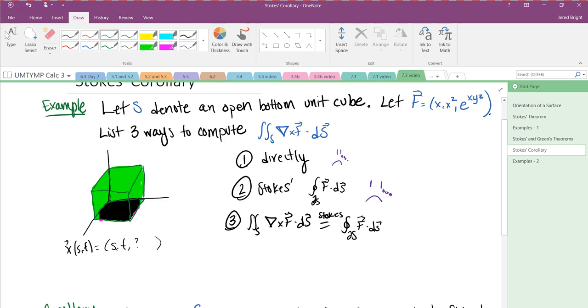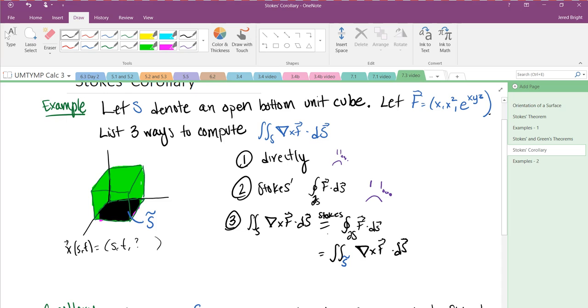So I think what we could say is that this is going to be the same as the vector surface integral over a surface, and let's call this s tilde, because the boundary of these two surfaces is the same.